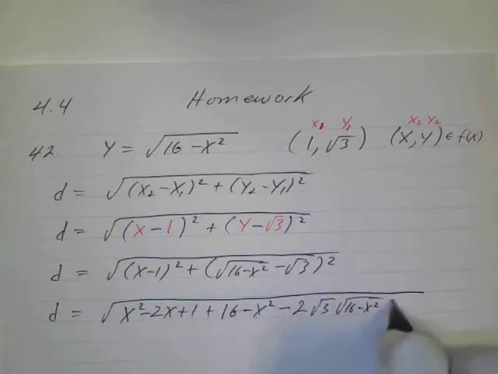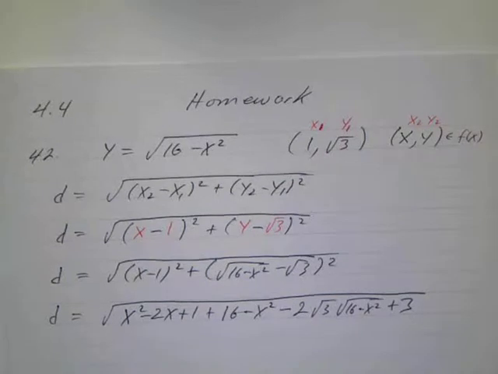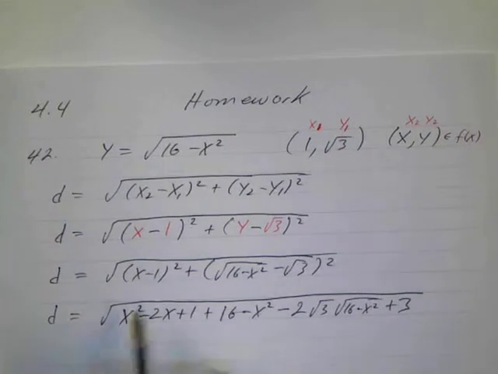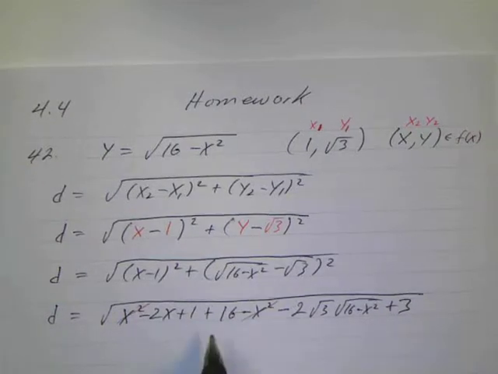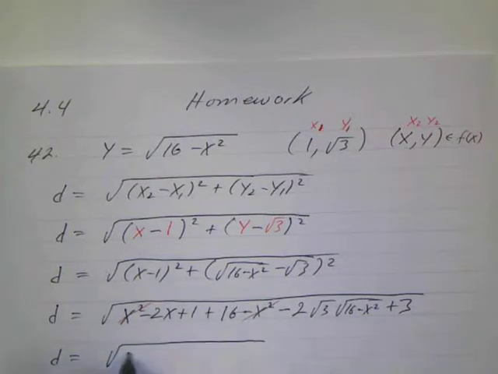And then plus this squared, which is 3. So I simplify this as much as we can, and what I notice is that x squared minus x squared, those go away, so that's a relief. And if I add up my numbers, I've got 16, 17, 18, 19, 20, so that's a 20. And minus 2x.